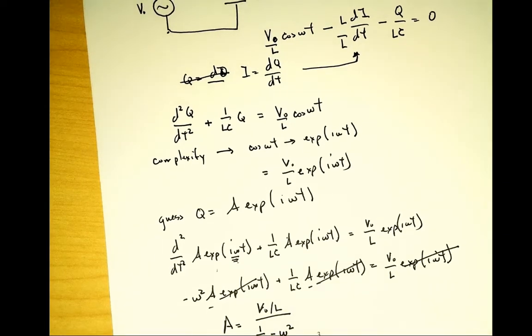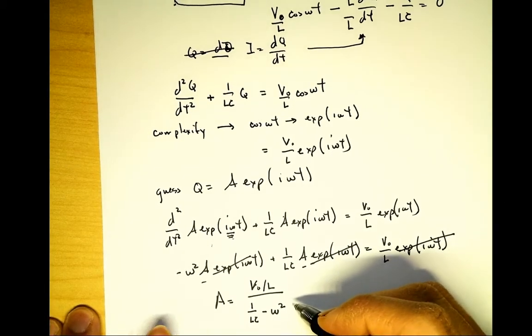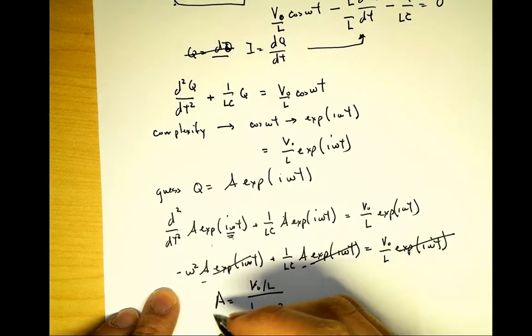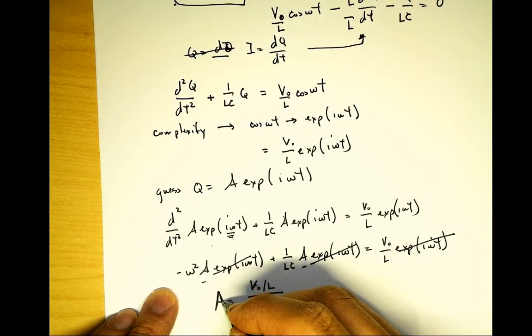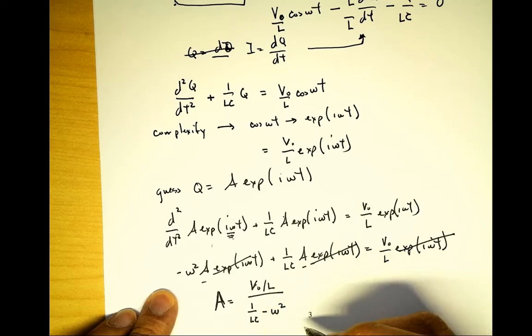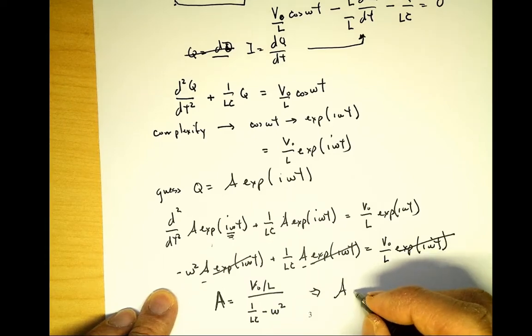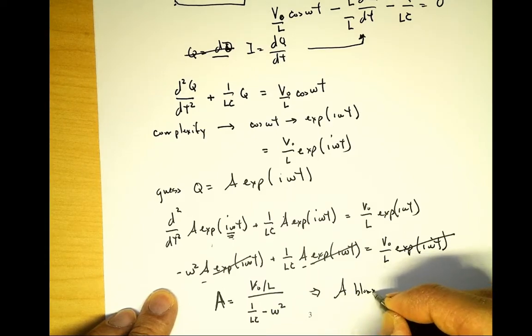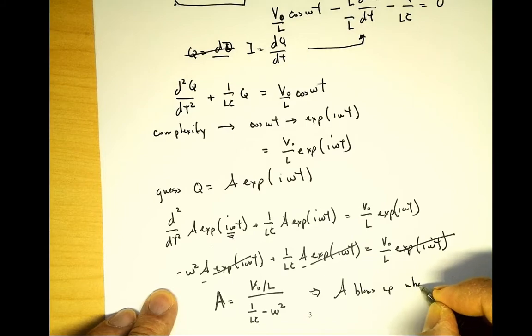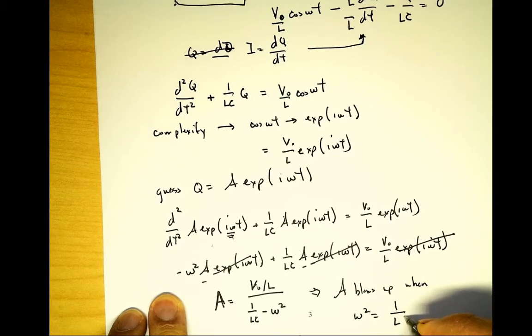Now the resonant frequency will automatically pop out. Why is that? You find when A is largest, and that is when A blows up, when omega squared is equal to 1 over LC.